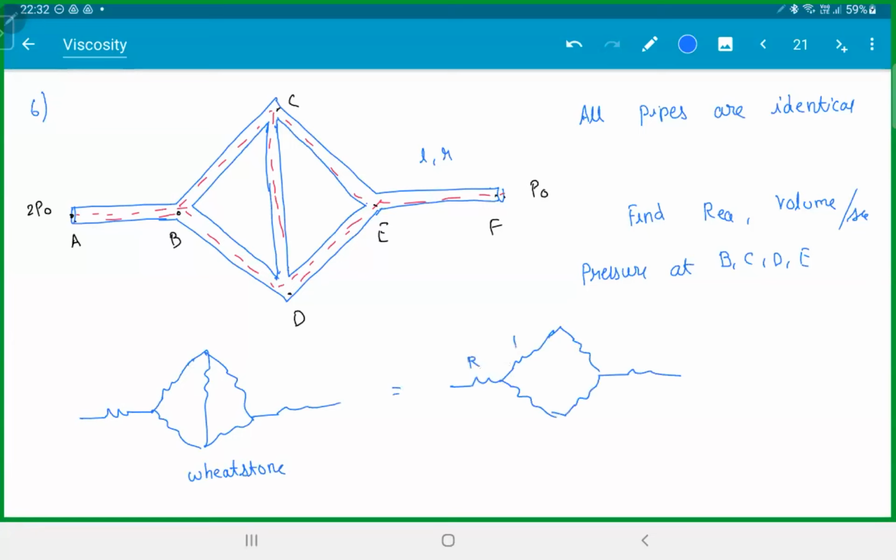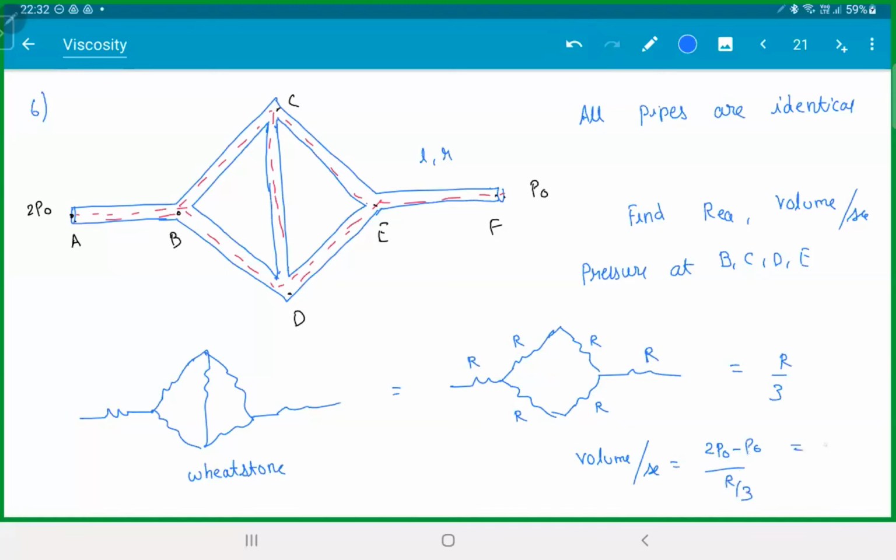So this is R, R, R, R, R, and R. These two are in series, 2R, 2R, 2R, 2R, R is R, and R will be there. This will be R by 3. Got this? Volume per second will be pressure difference, 2 P naught by R by 3.